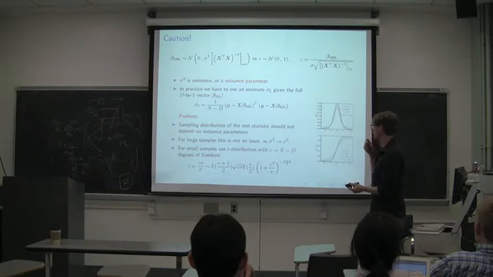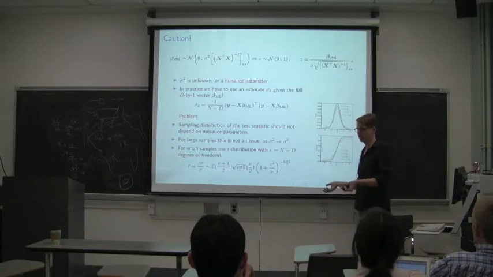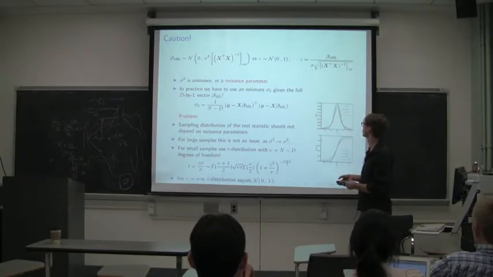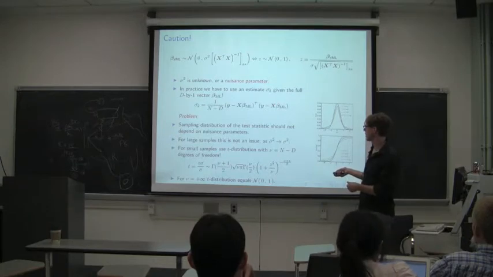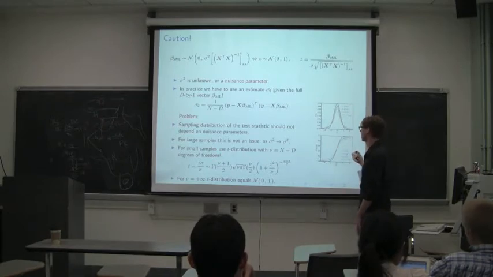The t-distribution for infinite degrees of freedom goes to a standard normal. The degrees of freedom are n minus d, the number of data points minus the number of regressors.